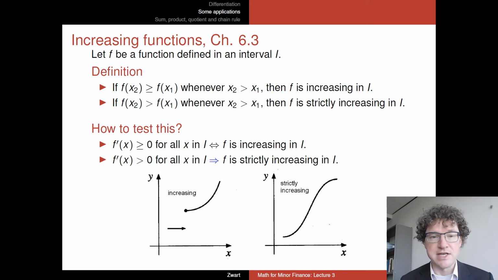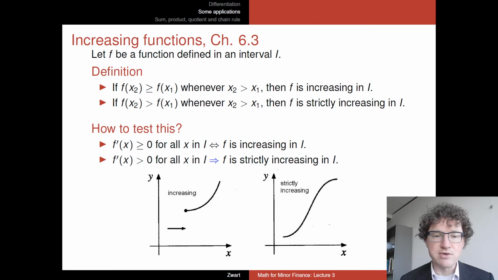So if the function is actually flat, in normal daily usage we would say this is a flat function, not an increasing function. Mathematicians still would like to call this increasing. So you see this graph at the bottom on the left hand side. This function is flat for a bit, in the left hand bit, and then actually it makes a jump, and only then does it start increasing strictly.